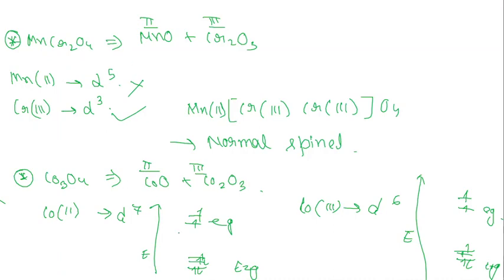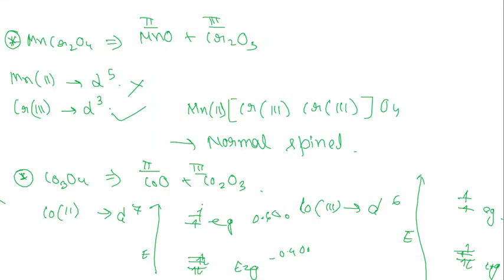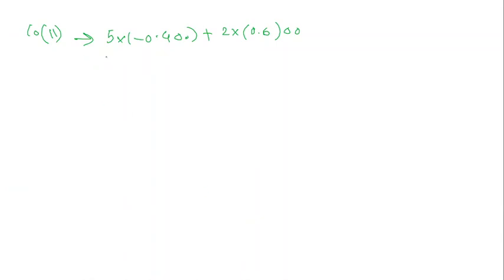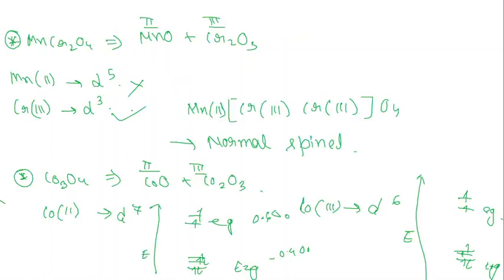Co2+, what will be the value? 5 electrons in t2g, 5 into minus 0.4 Δo, plus 2 electrons in eg, 2 into 0.6 Δo. So what will be the value? Minus 0.8 Δo.